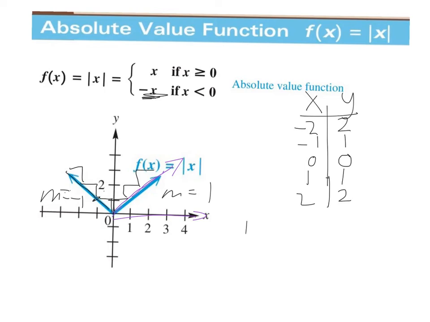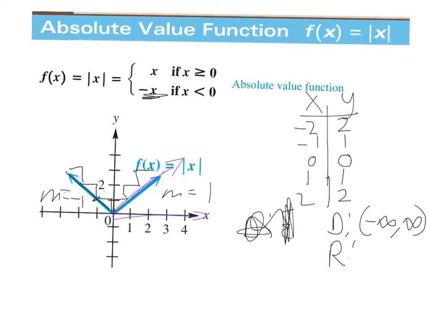Now, the domain, since it keeps going to the left or right, it would just be, I don't know why I drew the squiggly brackets. It won't let me erase, so we'll just rewrite it. The domain, since it keeps going to the left or right, it'd just be all the numbers from negative infinity to positive infinity.